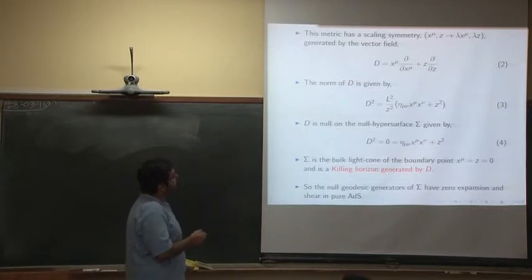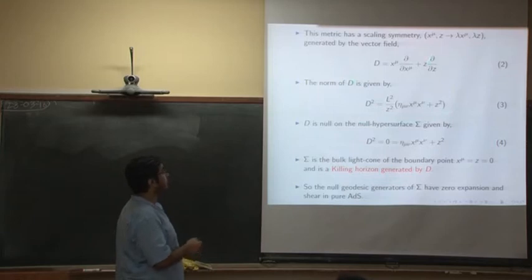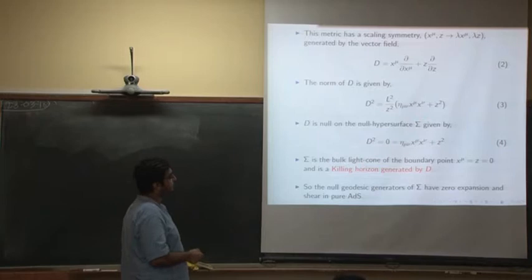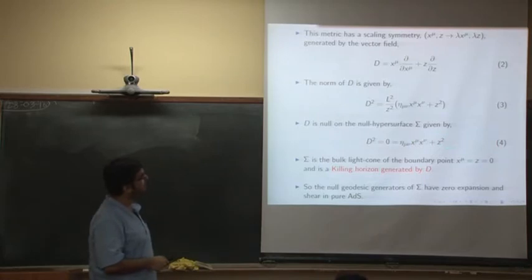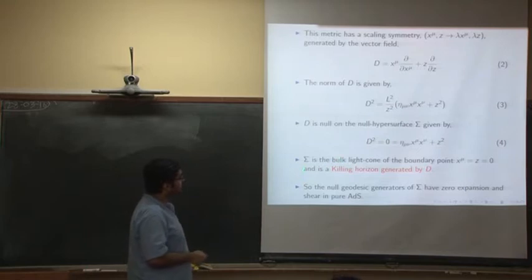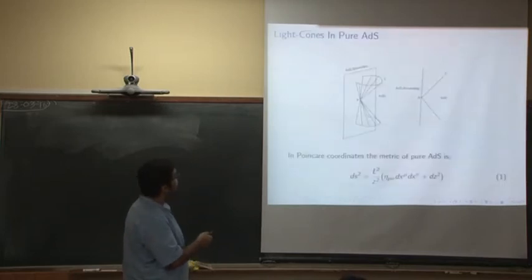Now, let's compute the norm of this Killing field. We can see that this Killing vector field is null on the hypersurface Σ, which is given by the equation η_μν x^μ x^ν + z² = 0. This Σ is the bulk light cone of the boundary point x^μ = z = 0.